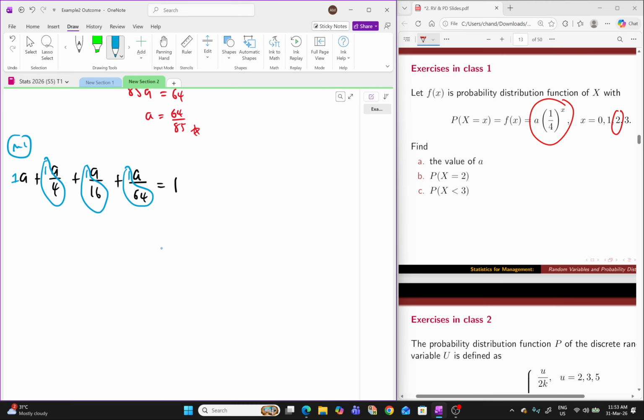You add all this in your calculator: 1 plus 1 over 4 plus 1 over 16 plus 1 over 64. What do you get?